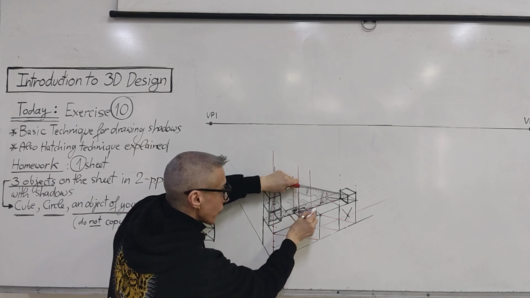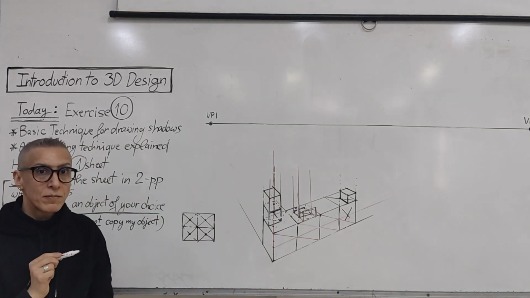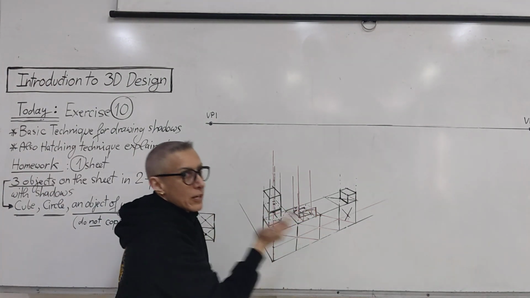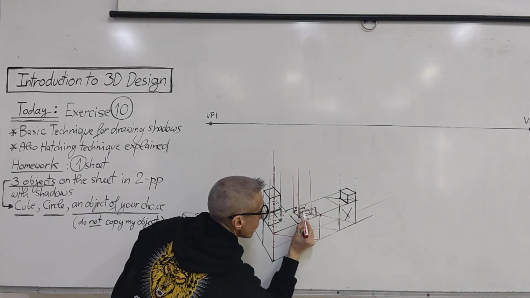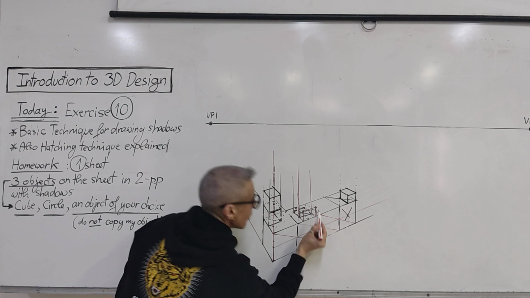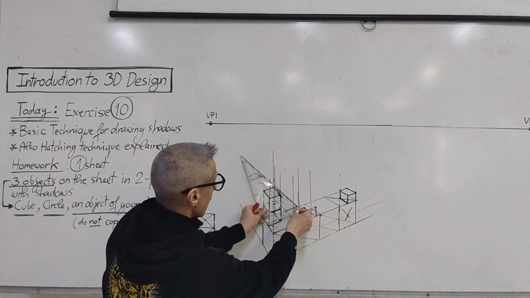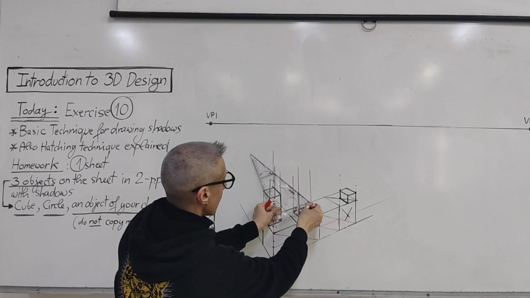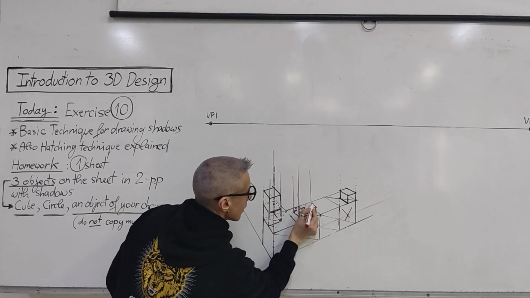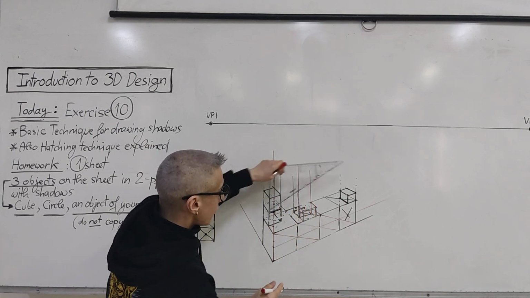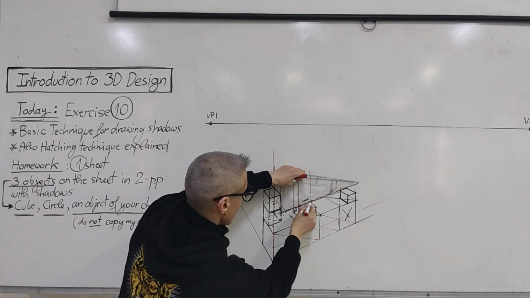So first you need to find this object, okay, above the line. Then from this point and this point, you take it to the vanishing point, okay, and see where it will intersect this here and this line, okay. This is the real here object that we need. This is the real.